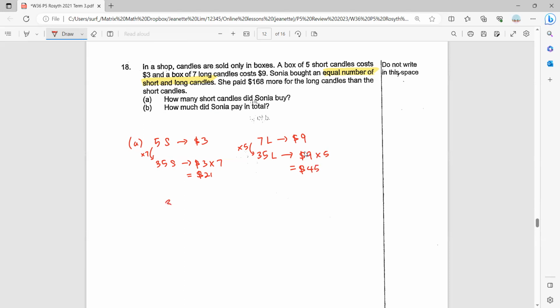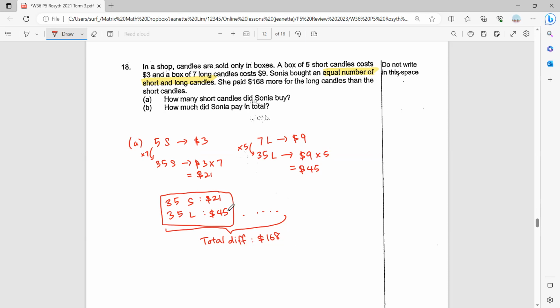Now I have 35 short and 35 long in one group. Okay, this is one group. Question said that the total difference is $168. So this is grouping now.